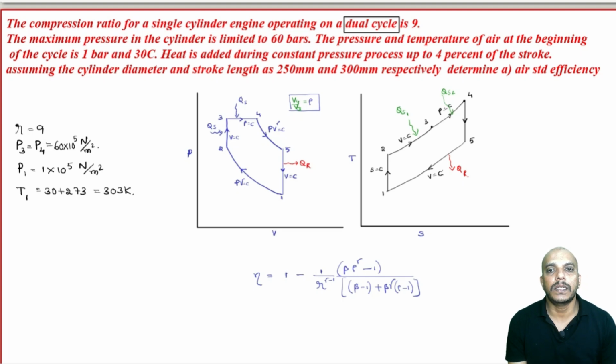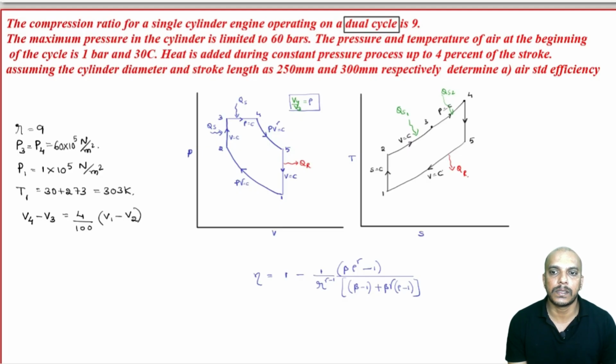Heat is added during the constant pressure process up to 4% of the stroke. Heat is added between 3 and 4 at constant pressure. So, we can rewrite that as V4 minus V3 is equal to 4 by 100 of the stroke. The stroke is V1 minus V2.